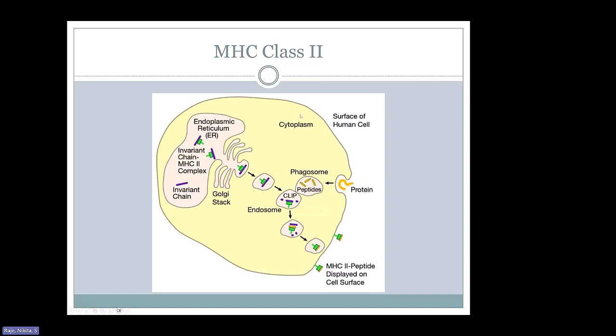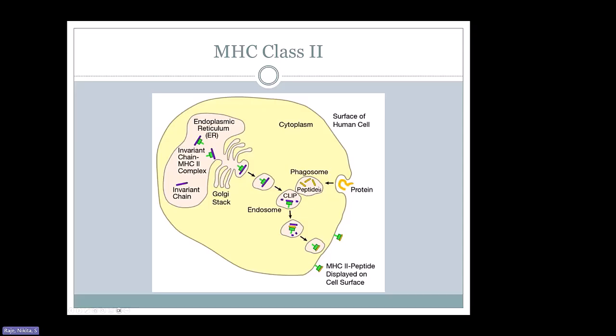Now remember, dendritic cells and macrophages, particularly macrophages, will have that phagosome. It is going to engulf proteins from outside, bring them in, and those are going to be cut up into peptides.